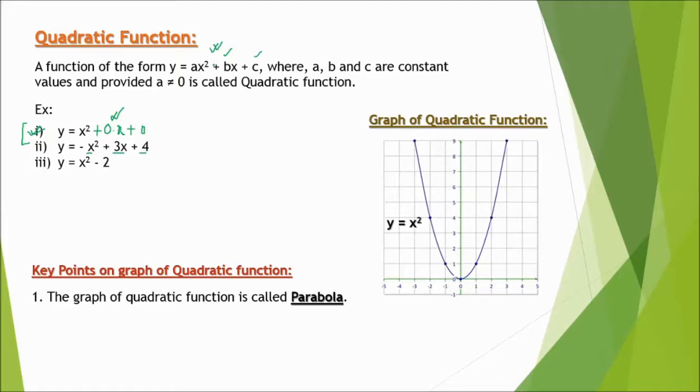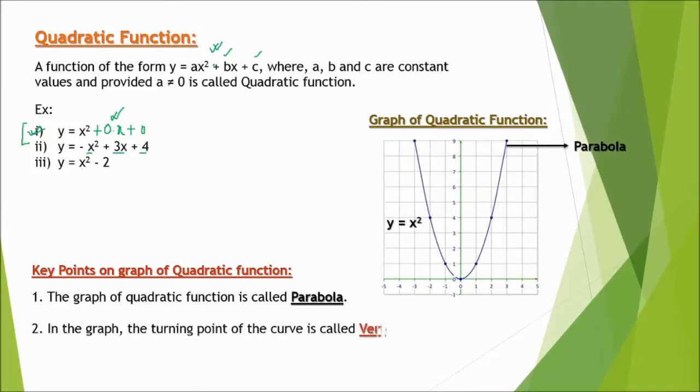If we draw a graph of a quadratic function, then we get a shape, and that shape is called a parabola. Parabola is simply a shape which is obtained only by plotting the graph of a quadratic function. So this curve is called a parabola.